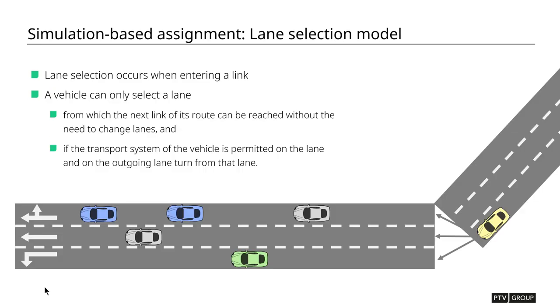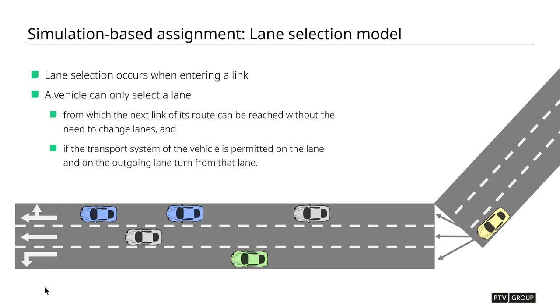For lane selection, also a simplified lane selection model is used. Lane selection happens when a vehicle enters a link, and there are certain conditions on which a vehicle selects a lane.